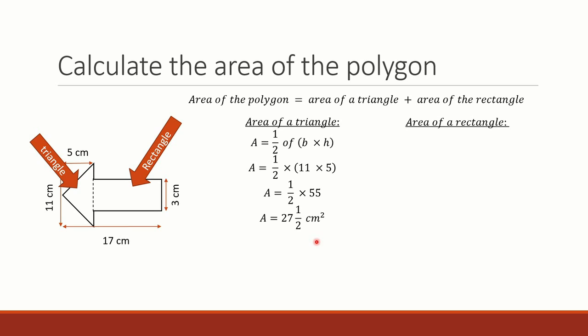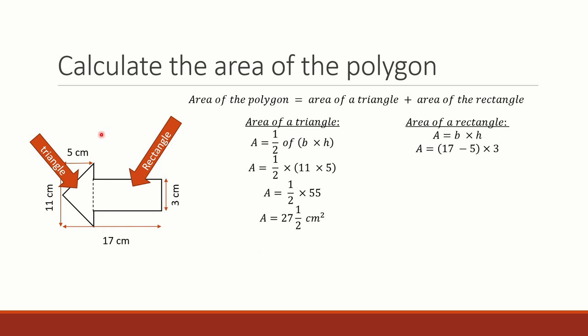Let's do the rectangle. Our formula for a rectangle is the base times the height. In this case, to work out the base that it's standing on, we can't use this whole length of the arrow. Remember, that part is part of the triangle. So we know the whole arrow is 17 centimeters long. We know the arrow head is 5 centimeters.